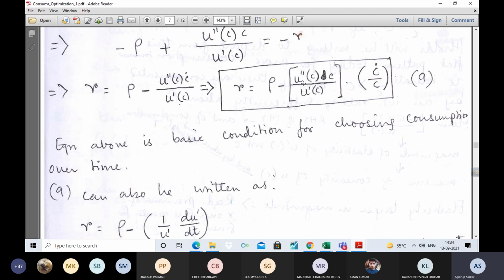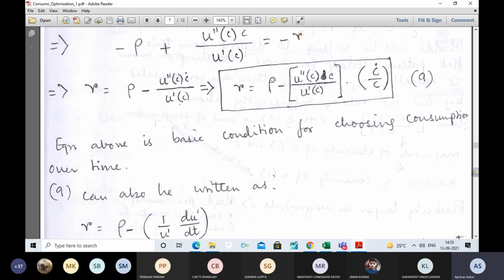Because of growth of per capita, or per person, consumption. So the choice variable c is going to be determined in a way so that R is equal to the rate of time preference plus the rate of decrease of marginal utility of consumption due to growing per capita consumption.